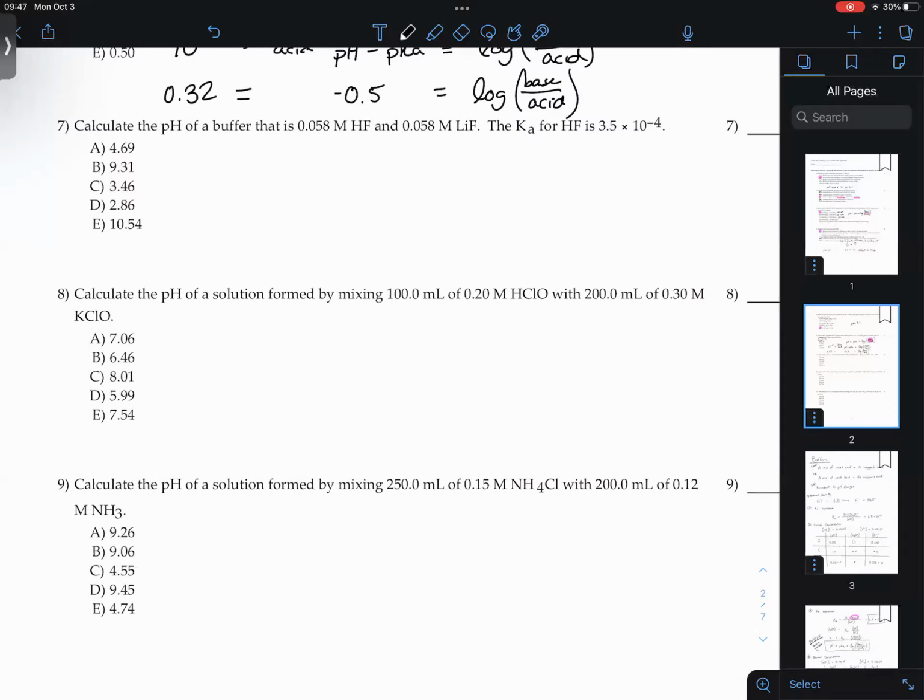All right, and since this is a buffered solution, we can use the Henderson-Hasselbalch equation. Oh, not equals, plus.